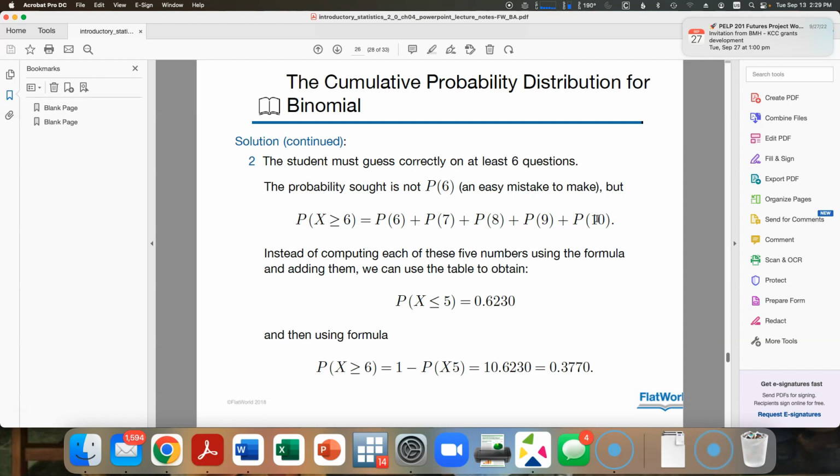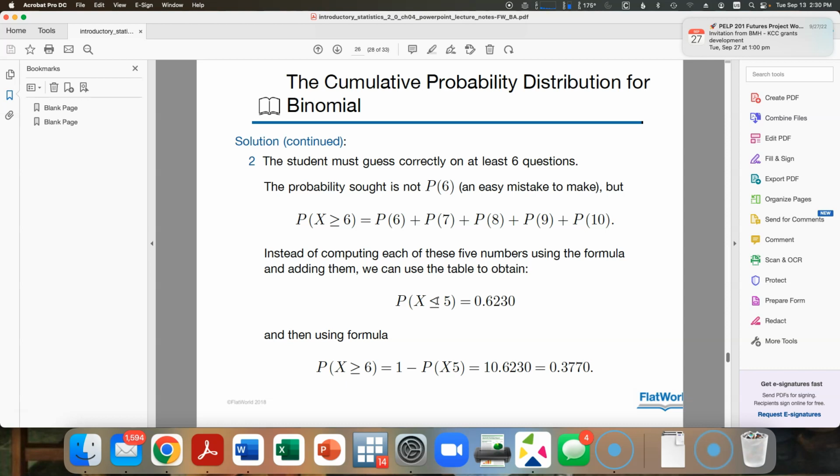Okay, so since the cumulative binomial probability in the appendix for chapter 12 is the left side, instead of finding 6 or greater, we're not finding that probability. Instead, we need to find the inverse, which would be 5. So what we need to do there is find the probability for less than or equal to 5.